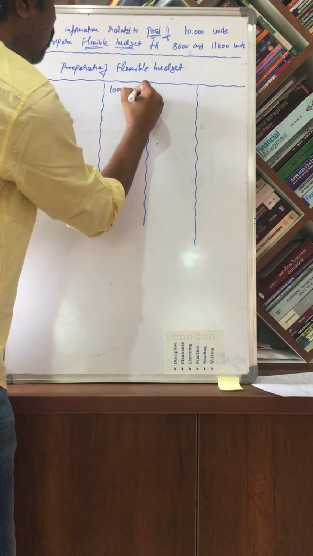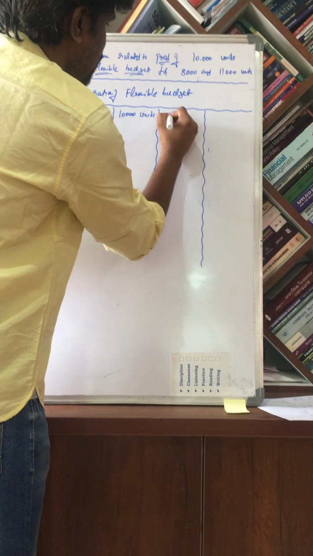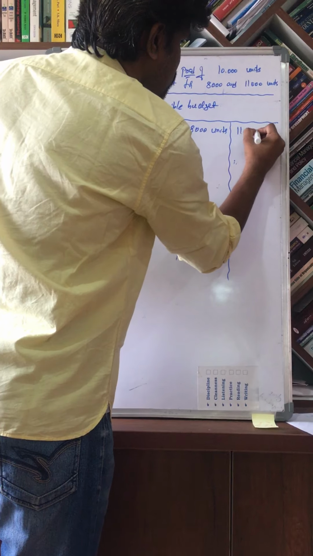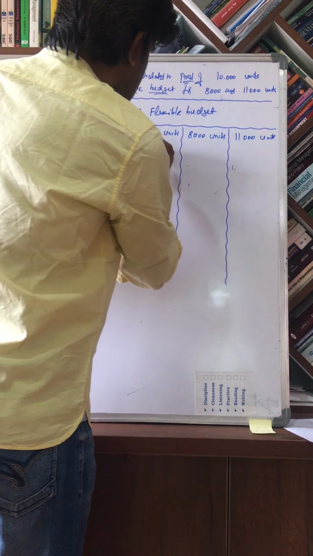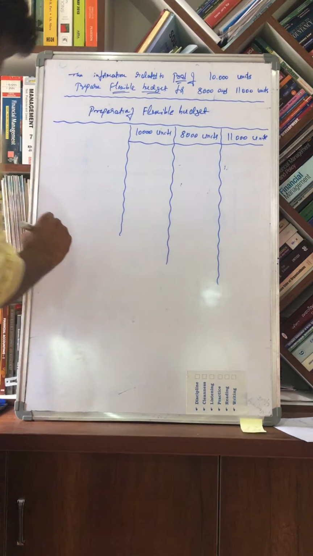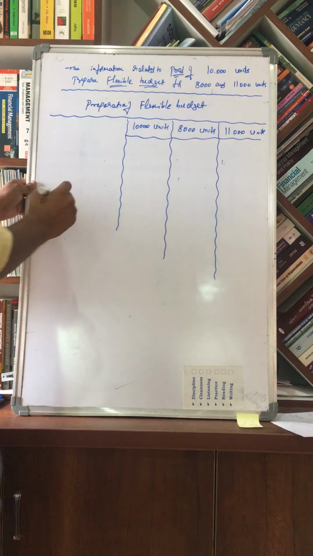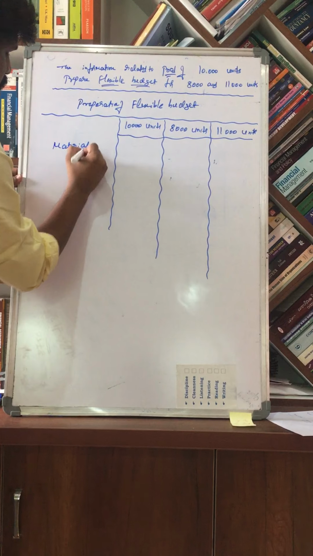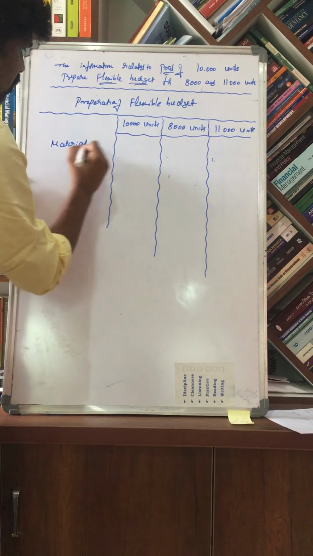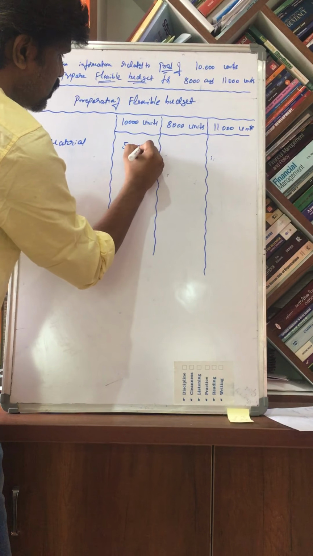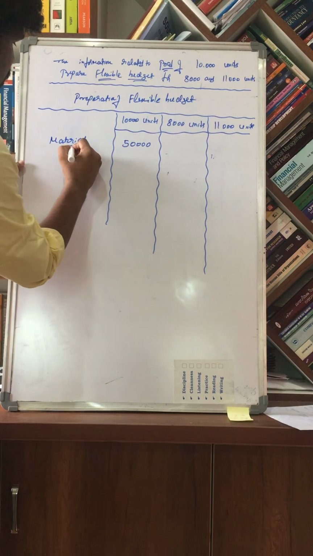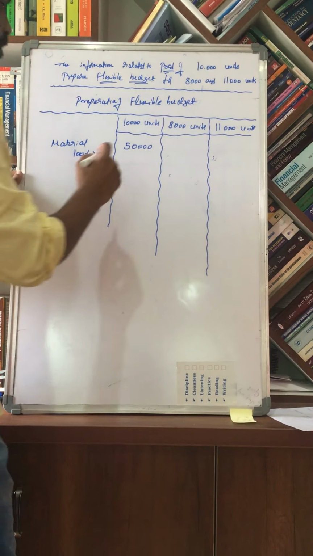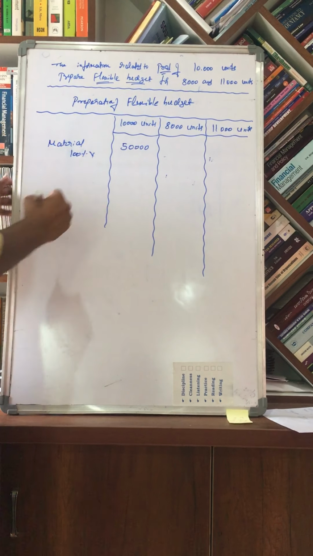10,000 units, 8,000 units, and 11,000 units. First, they have given the material. The material is 50,000 rupees, 100% variable, for 10,000 units.